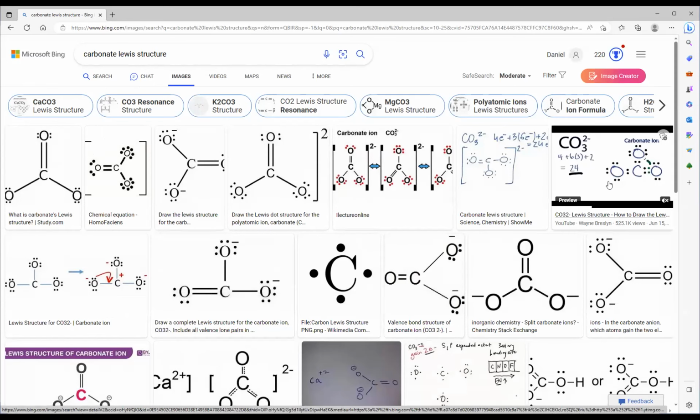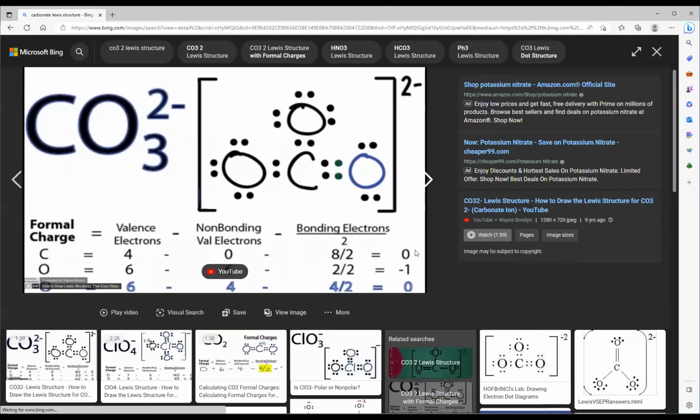Right, so there's the carbonate structure. Oh, this one looks like it's got animation here, and works through solving it. Let's click on that one. Yeah, this is a good, kind of a better one. And oh, it's got a YouTube link.